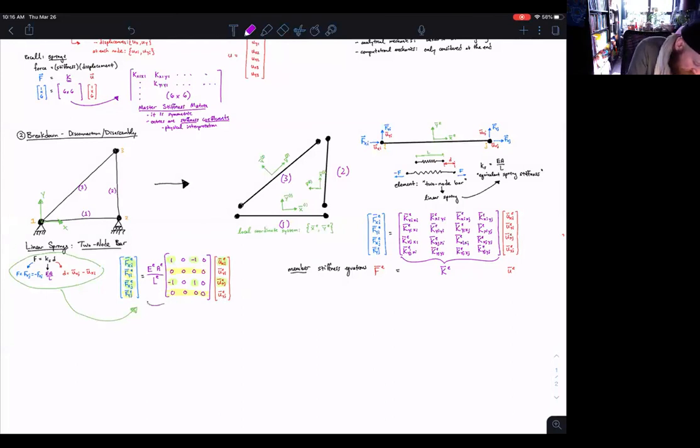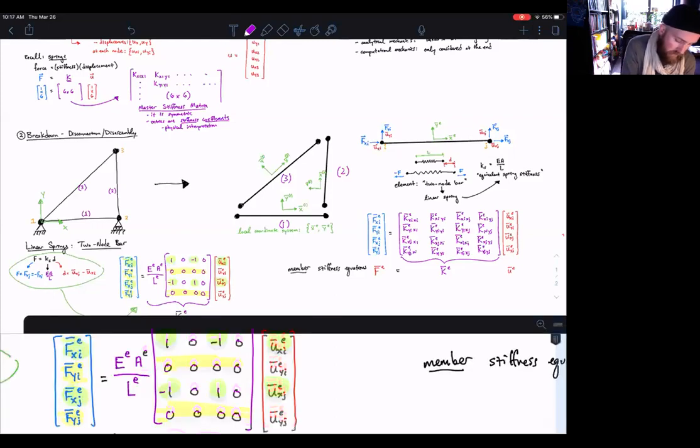This here is the elemental stiffness matrix in its local coordinates. So this is true for every element that I drew here.